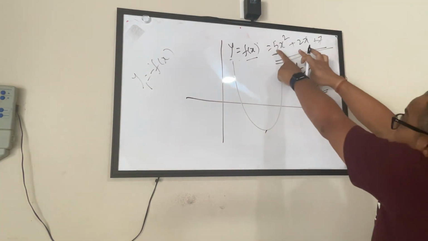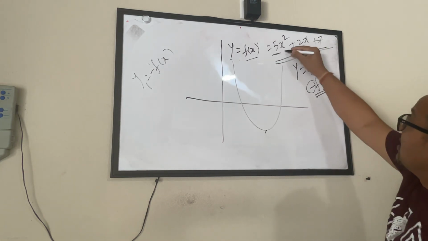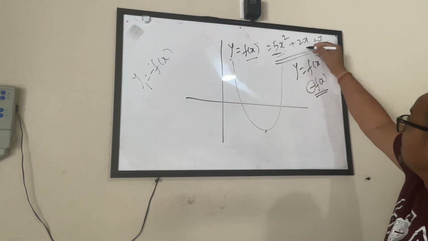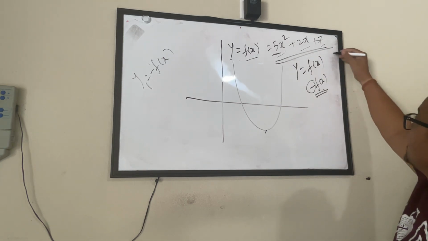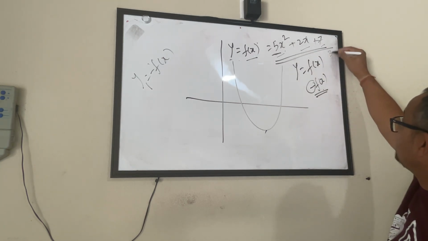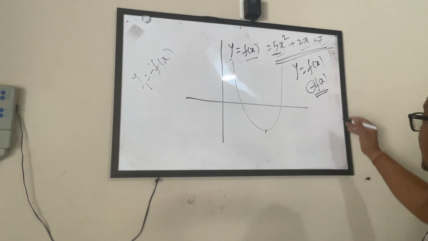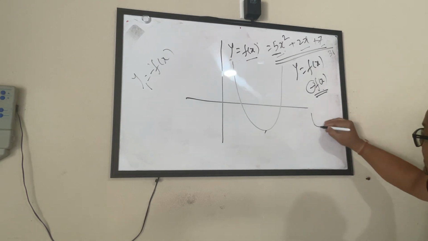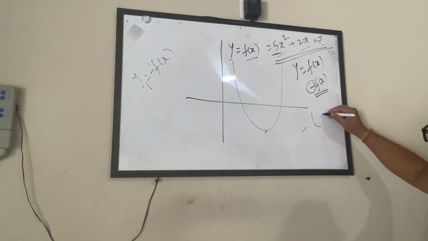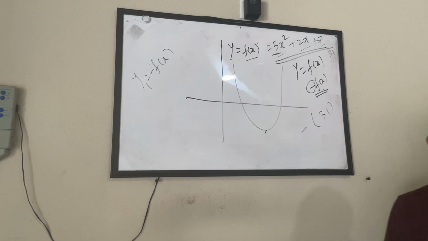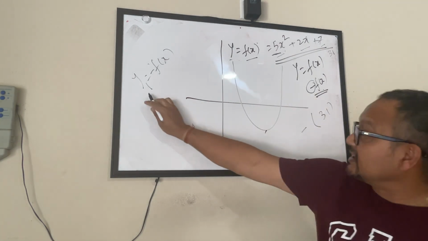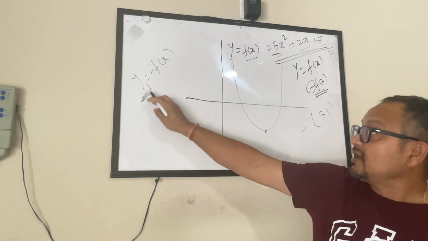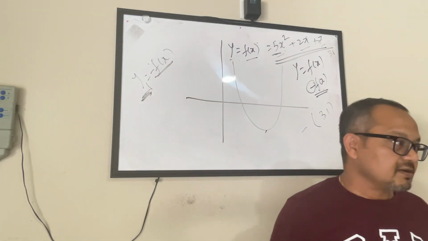Let's say here x equals 2. What is the value? 2 squared is 4, times 5 is 20, plus 4, plus 7. So 24 plus 7, 31. Now I am trying to find the negative of this value, negative of 31. That is when I say there is another quadratic function which is the negative of this one.